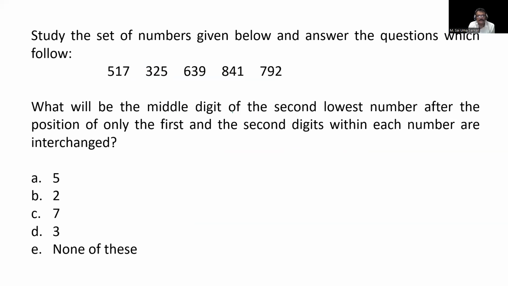What will be the middle digit of the second lowest number after the position of only the first and second digits within every number is interchanged? Numbers are 517, 325, 639, 841, and 792.